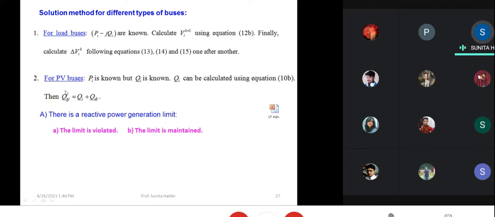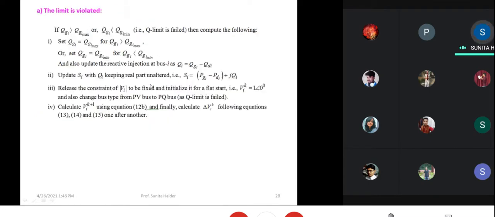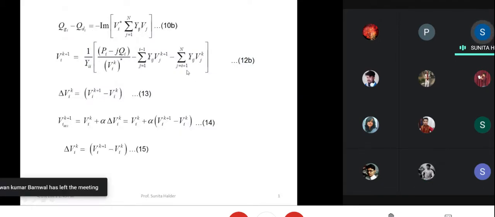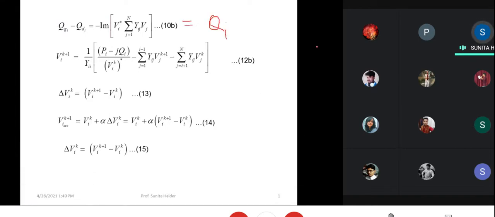Whatever QI you can calculate, use it for this purpose. Along with that, from QI you can calculate QGI also, because QGI will be QI plus QDI.